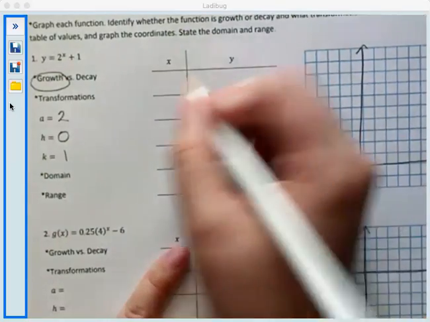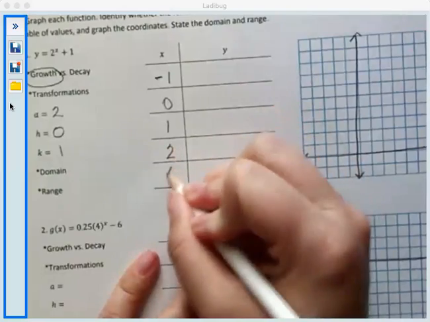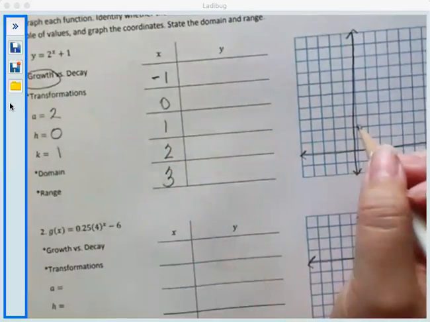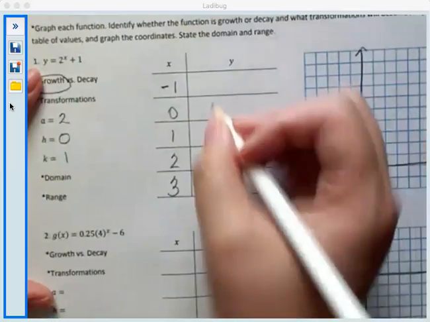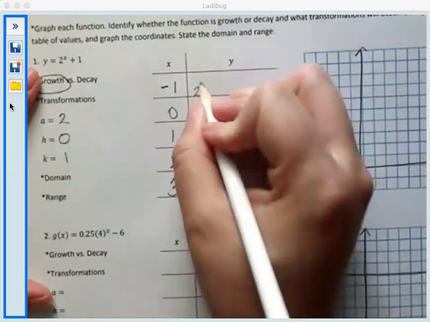And let's go ahead and use the values -1, 0, 1, 2, 3 for our x values. So I'm going to plug in 2 to the power of -1.